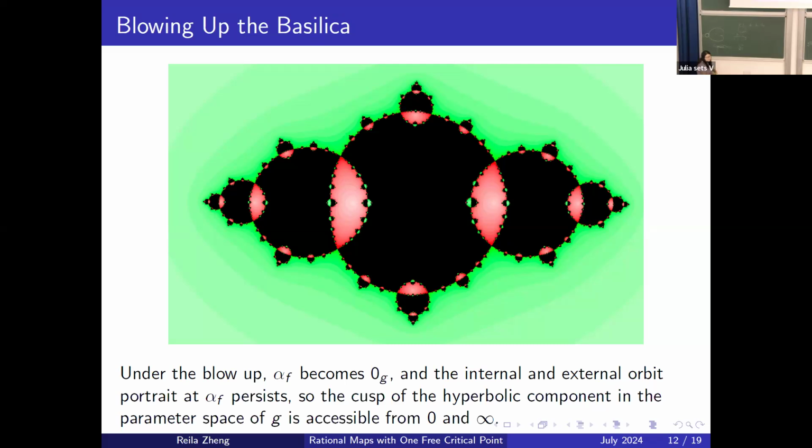Sorry, I don't understand what you mean. Sorry, from what I understood, the disk is not going to be invariant because it's going to cover the whole sphere, right? Yeah, the disk is not invariant. So it's allowed to map outside of itself.